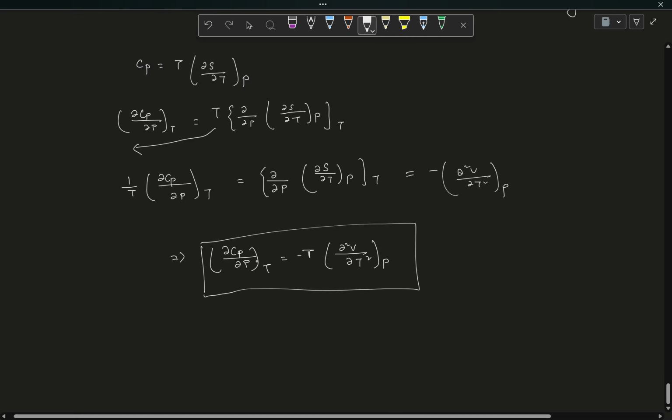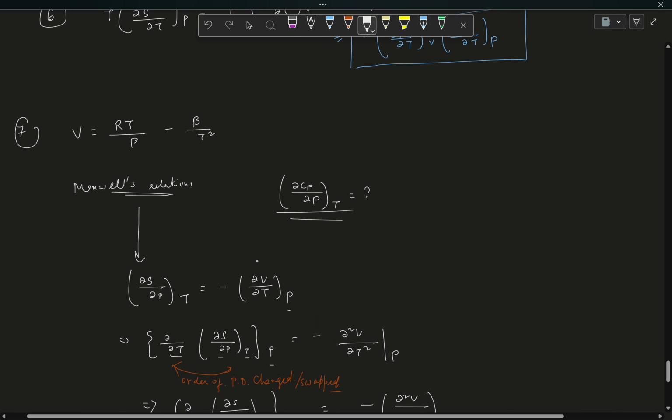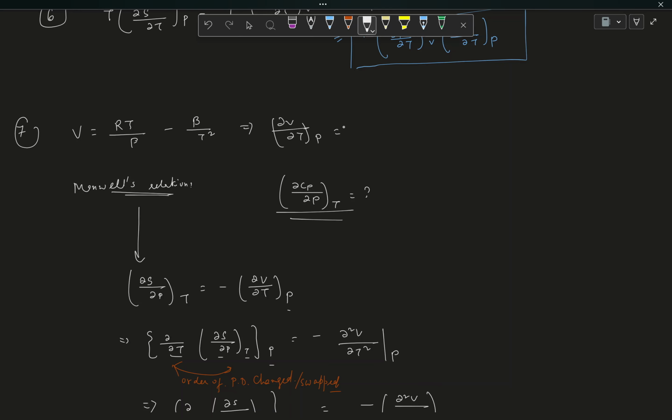Now you know the expression of V from here. So you can take a derivative with respect to temperature twice and get what is needed on the right hand side. First take a single derivative, del V del T at constant pressure. So this is R by P minus 2B by T cubed. And the second derivative, del 2V by del T2 at P constant, is just 0 minus 6B by T to the power of 4.